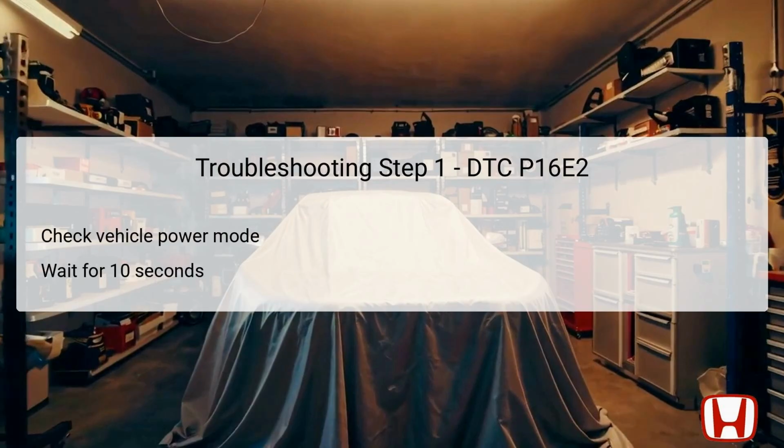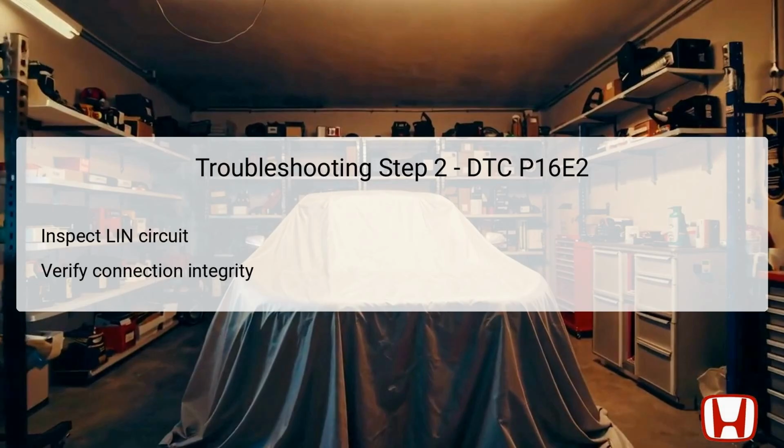During the second troubleshooting step for DTC P16E2, it is essential to inspect the LIN circuit and verify the integrity of the connections. Start by examining the alternator connector, ensuring that it is securely fastened and that connections show no signs of corrosion or damage.